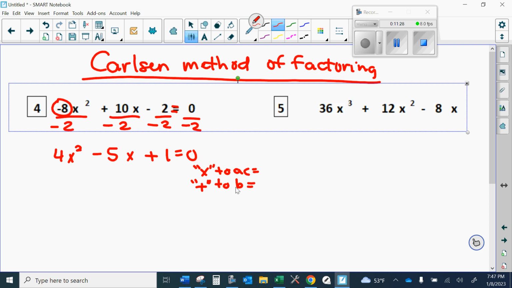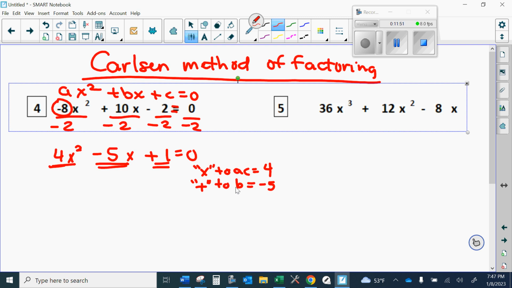So we know this is A, because this is AX squared plus BX plus C equals 0. So 4 times 1 is 4, and it adds to the middle term, the linear term. Remember, this is called the quadratic term, linear term, and constant term. Remember, constant is the number by itself without the variable.